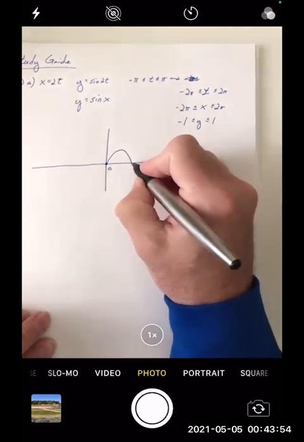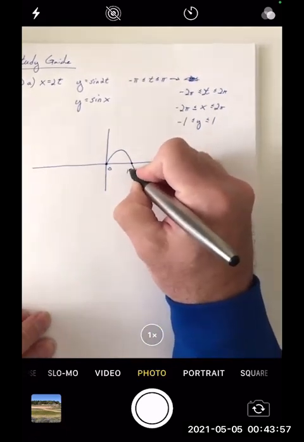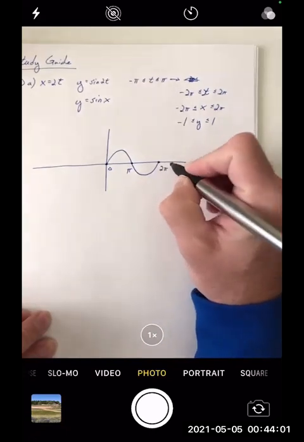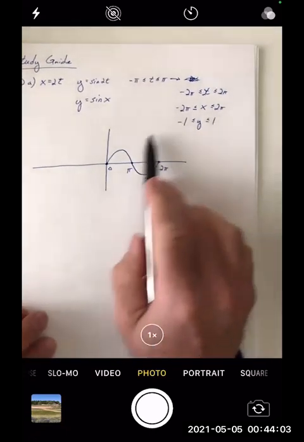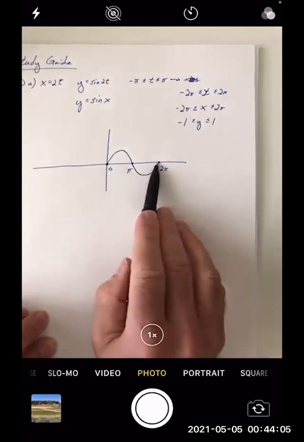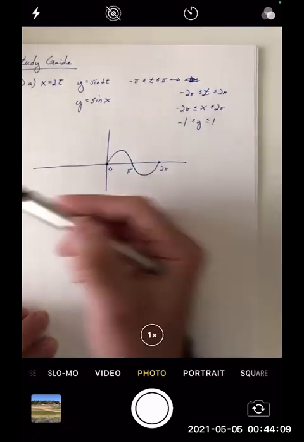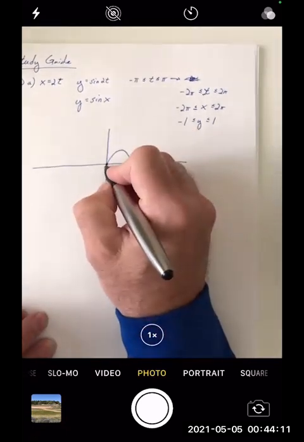Okay, so 0, pi, and 2 pi. So there's the right half of it. Now we just need to extend it to the left all the way down to negative 2 pi.